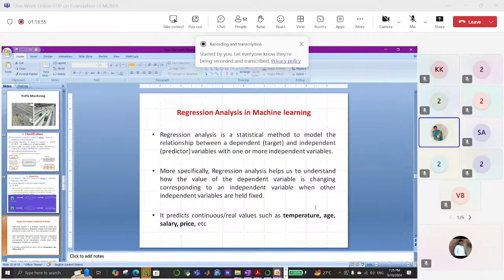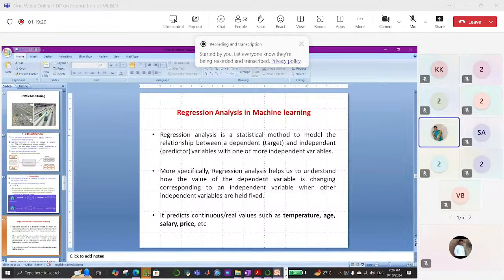Next, regression analysis in machine learning. Before moving to logistic regression, what is the terminology we are using in regression analysis? What is the use of regression analysis? Regression analysis is a statistical method to model the relationship between a dependent and independent variables.